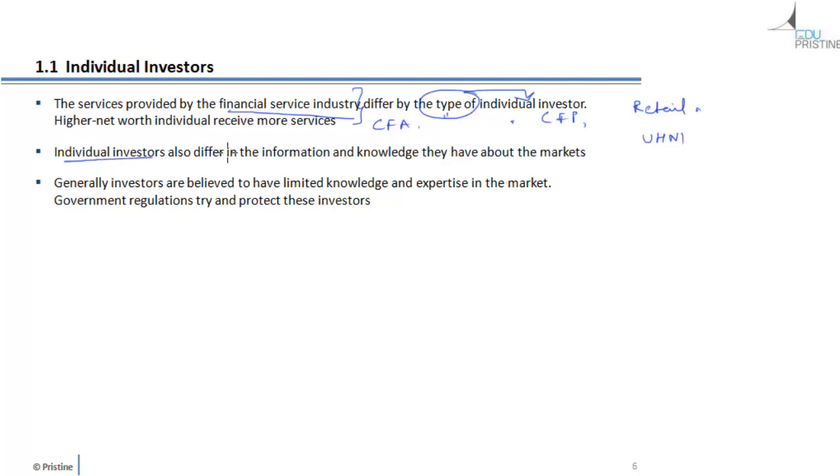Individual investors also differ in information and knowledge, because a school teacher will be busy in his or her daily course and will not have a lot of time to look at the financial newspapers. Therefore their understanding and appreciation of the capital market is at a different level.